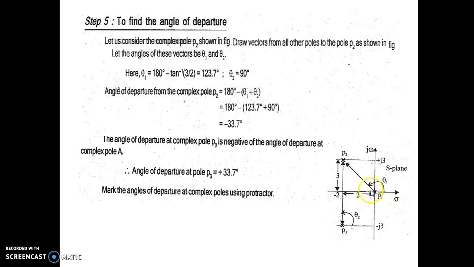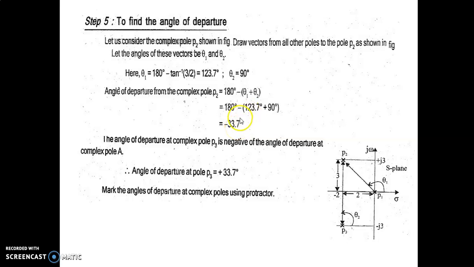Theta 1 we can find as 180 minus tan inverse 3 by 2, and theta 2 is only 90 degrees. Substitute these values in this expression, and we will get the angle of departure from the complex pole at P2.